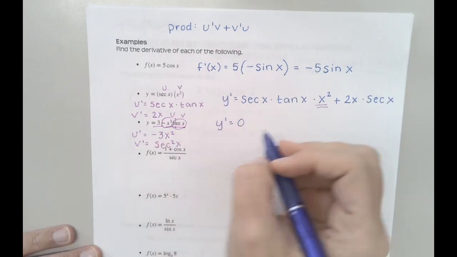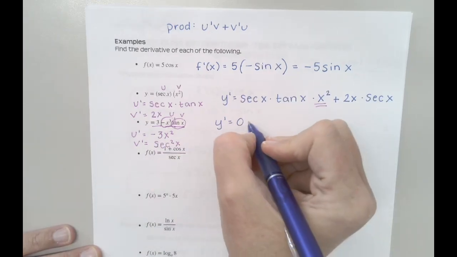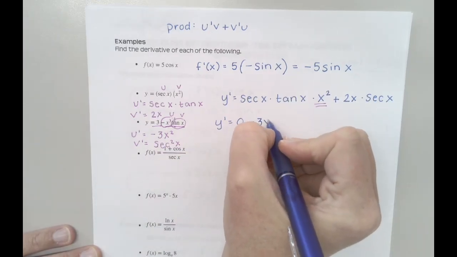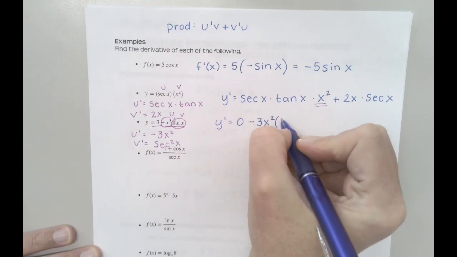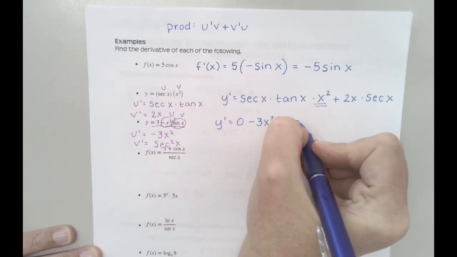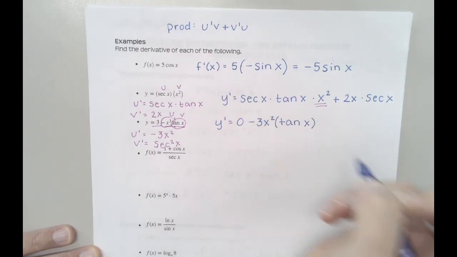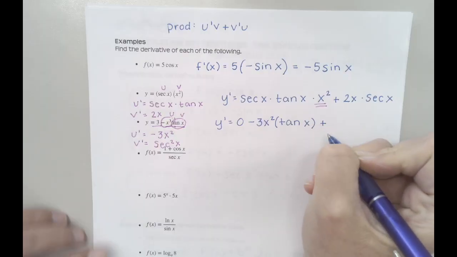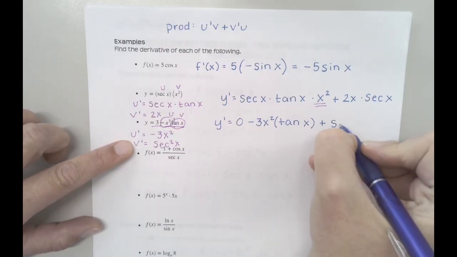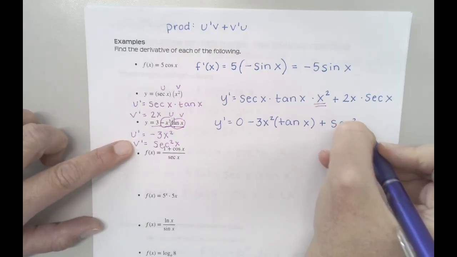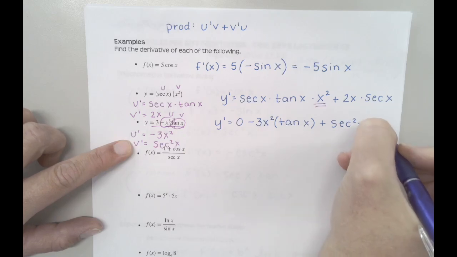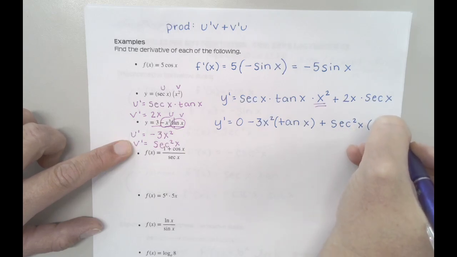So I'm going to say my derivative, u prime, is negative 3x squared times v, which is tangent of x. Probably could have gotten away without parentheses there, but of course I have it. Plus v prime, secant squared x, times u, which is negative x cubed.